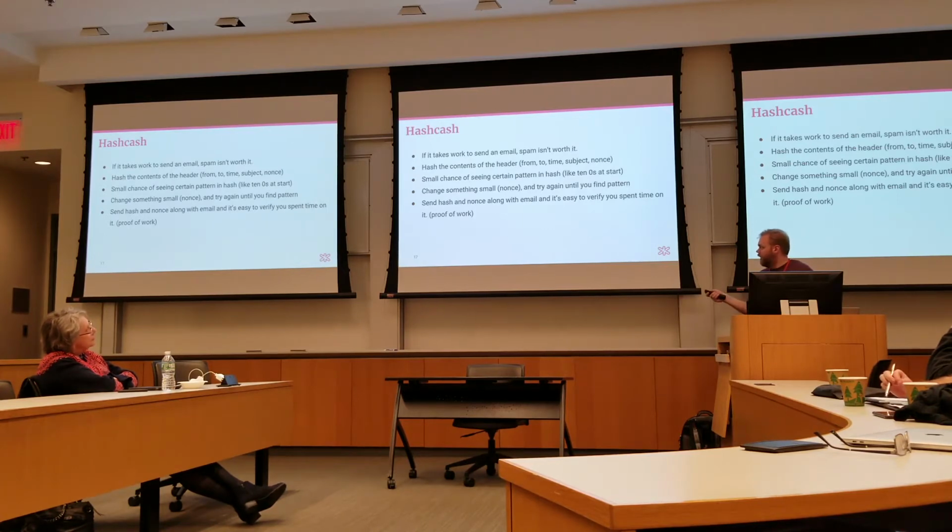You can take the nonce, because I'll put that in the header as well, and all the rest of the contents of the header that you already know. You can concatenate them all together, hash it up yourself, and say, yep, that really is a hash with 10 zeros at the start of it. This guy really spent half a second to send me this email, and that's a proof of work, which you've probably heard in relation to blockchains. That's, at the most fundamental level, how proof of work works.